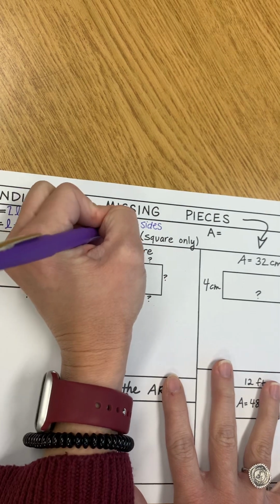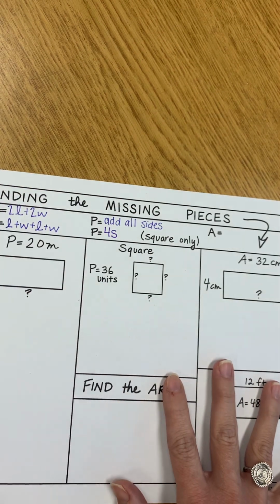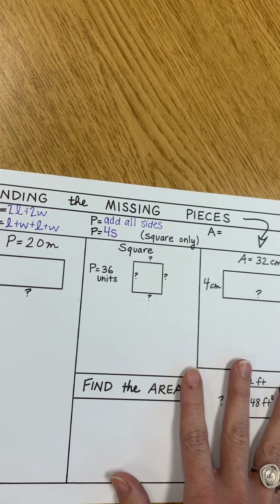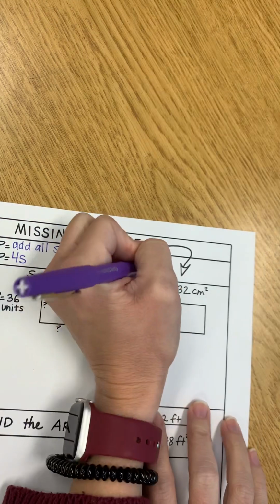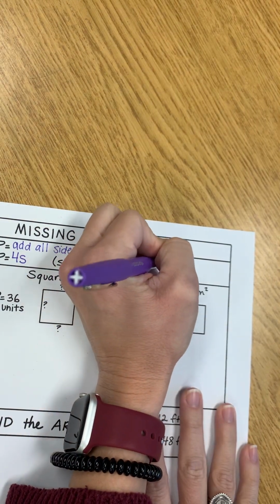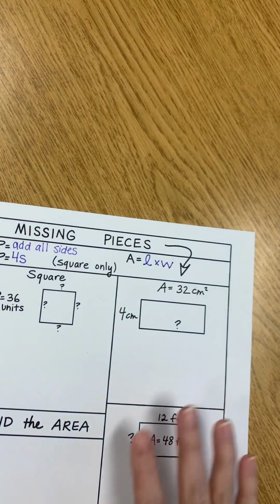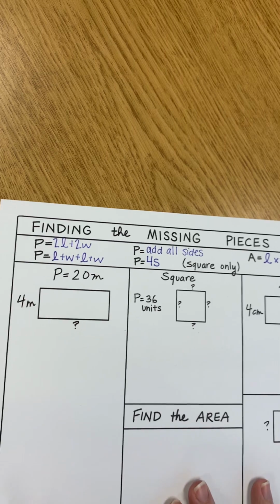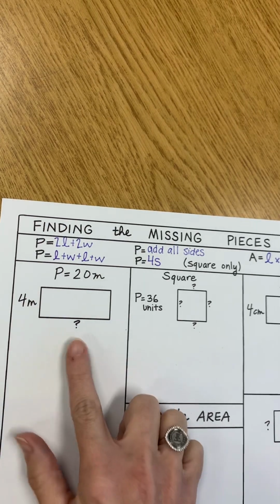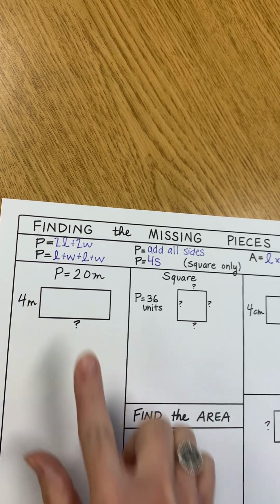So you could do 4 times the sides. There is only one for area, and that is length times width. Okay, we're going to hop over here. We are going to find the missing piece.